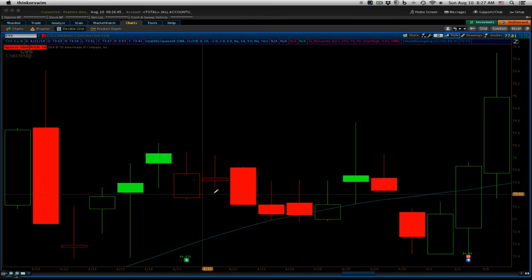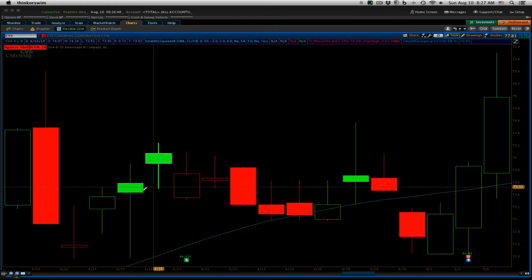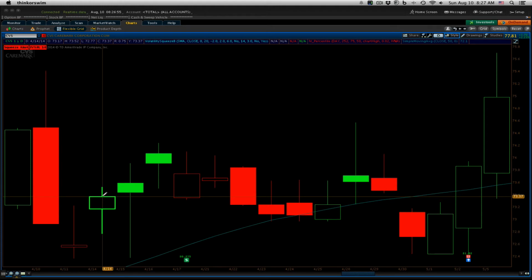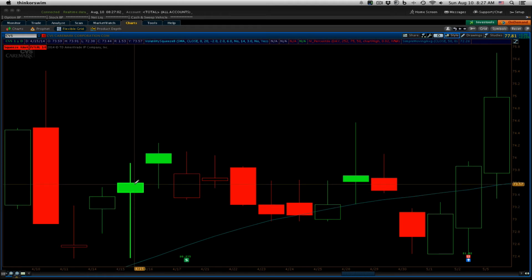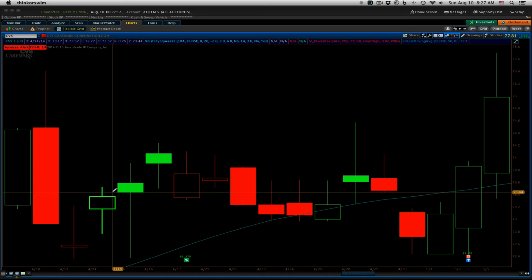And then on the other side of things, you have the closed boxes, the filled in boxes, which essentially mean the same thing as long as it's green because it's trending higher. The close is still higher. But the difference here is your close is lower than your open. So on this candle here on 4/15, your open was here at 73.59 and your close was here at the bottom of the body at 73.44.